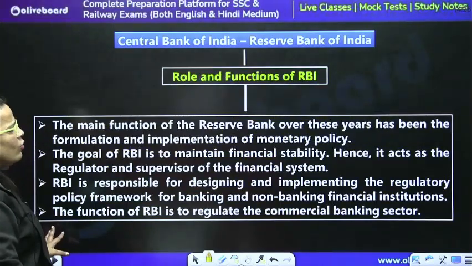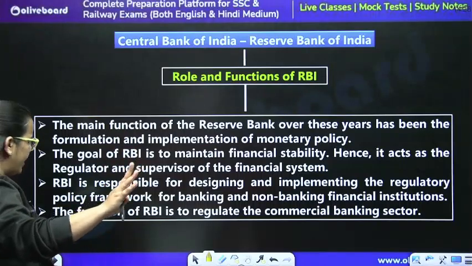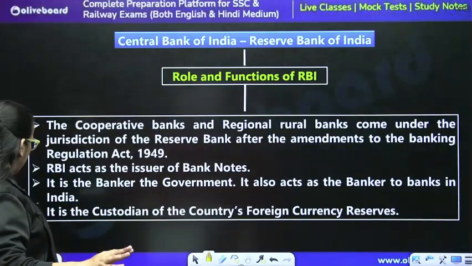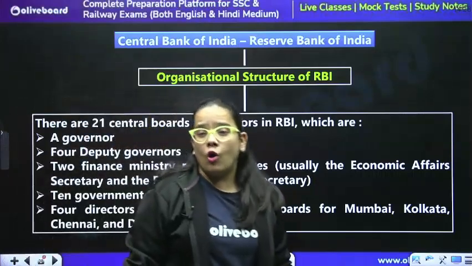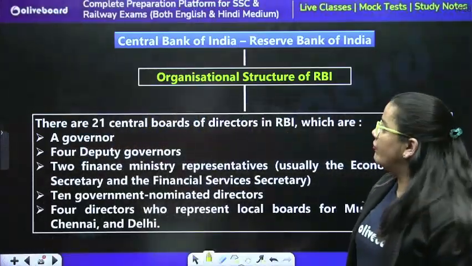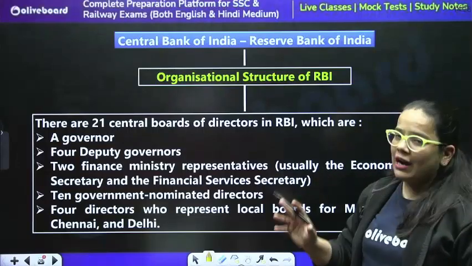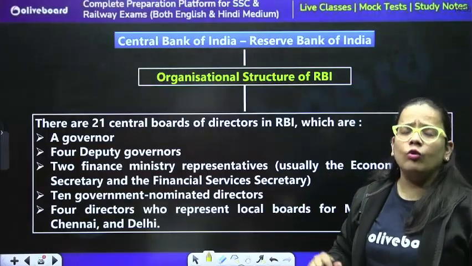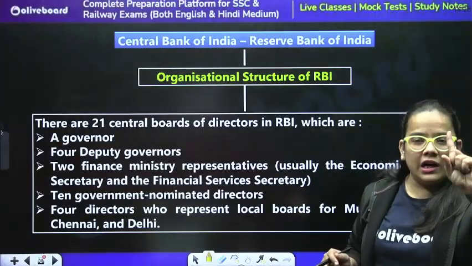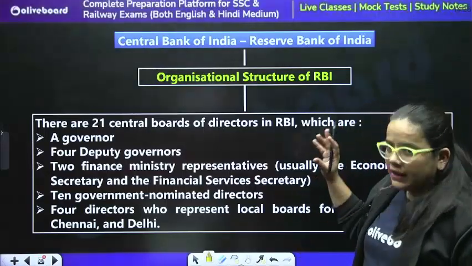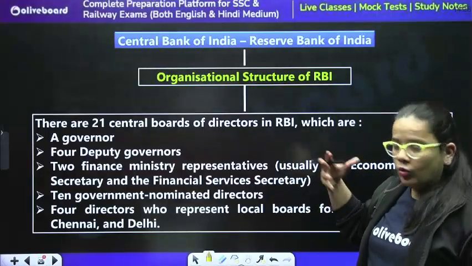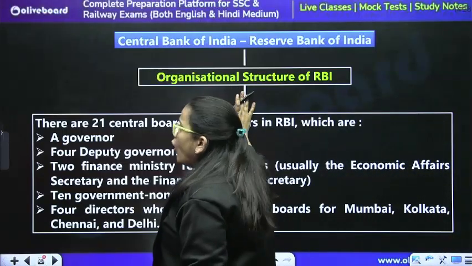As you already know the functions of the Reserve Bank of India, I'm not going to discuss this, but the very important structure. Now, let's talk about the organizational structure of RBI. As you already know, RBI consists of one governor and four deputy governors.